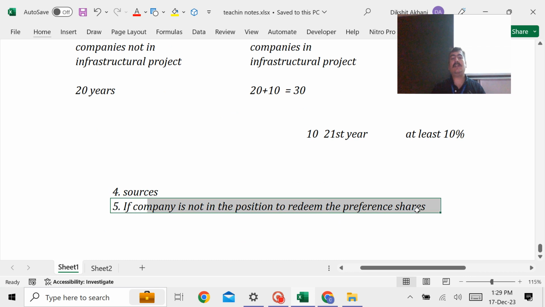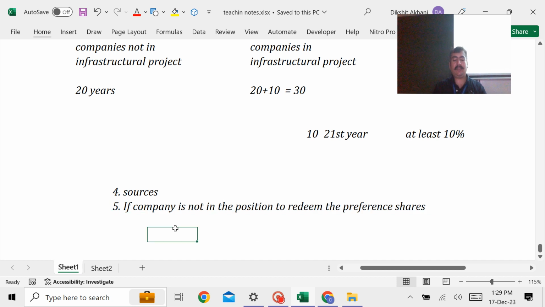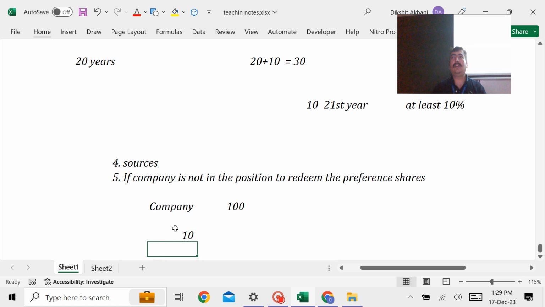इफ द कंपनी इज नॉट इन द पोजीशन टू रिडीम द प्रेफरेंस शेयर्स, तो क्या करोगे? In fact this question was there in one of the ICAI's question papers. I don't remember exactly which attempt, but it was there. Assume there is a company and the company has taken 100 crore rupees preference shares. It was promised to repay after 10 years. 10 years lapsed and the company is facing a financial crisis, no funds.